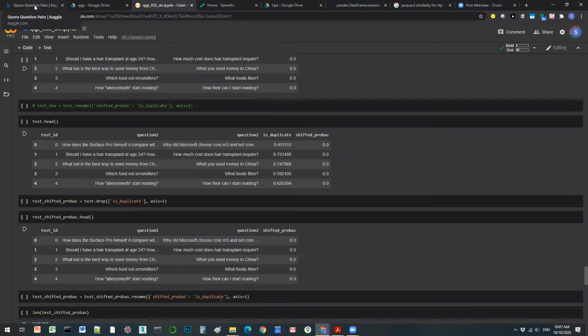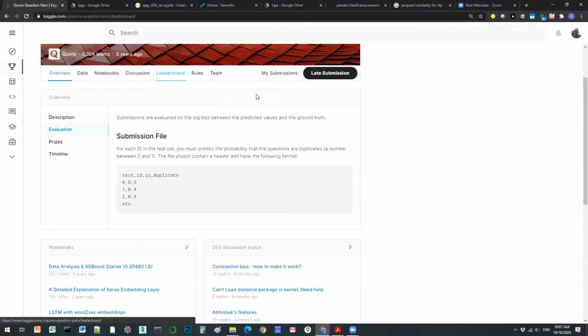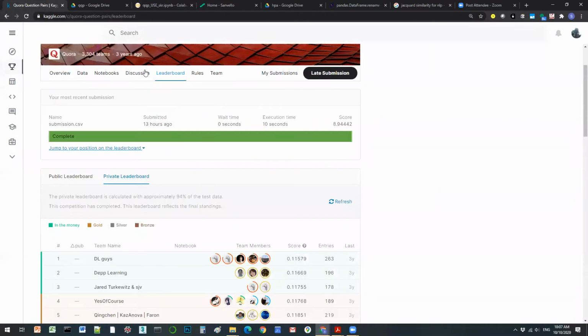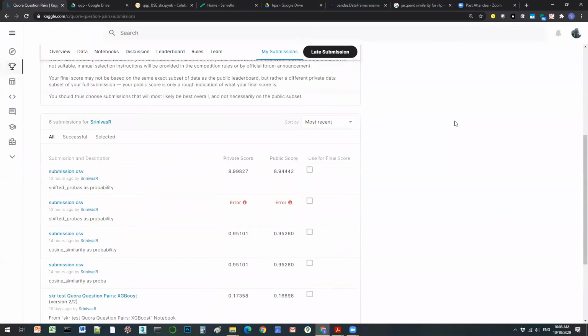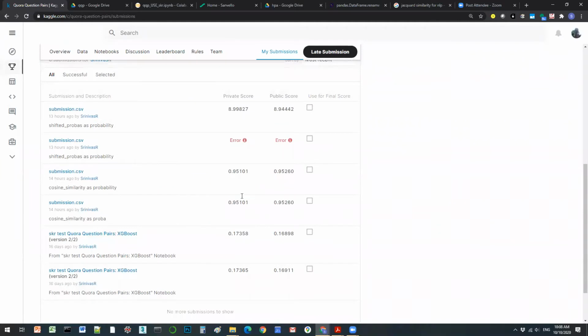And as Gautam just mentioned, if you look at my submissions, the first one I submitted, and there were reasons why there are two submissions, but essentially, as Gautam had also mentioned in a previous discussion, the cosine similarity itself gives values between 0 and 1, so why not use that as probability?